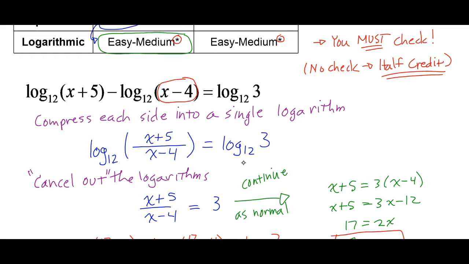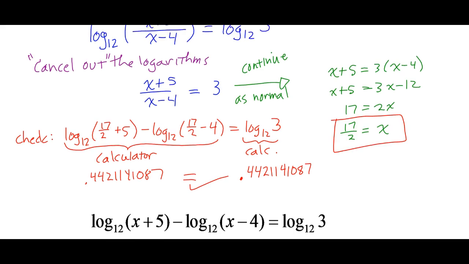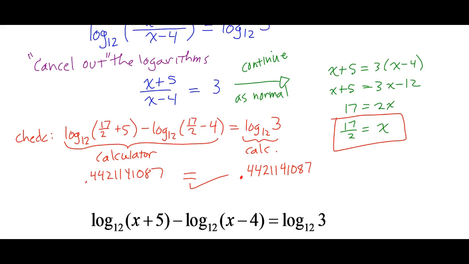At least not until you get to upper division post-calculus mathematics. And then they come back and study that sort of thing. But for you, never going to happen. The bases will always match. Cancel out the logarithms, continue as normal, and then be absolutely certain that you actually check the answer. Go back to the original. Always plug into the original, not to something where you've already done some work. The good news is that checking can be done on the calculator, and that won't be too bad.